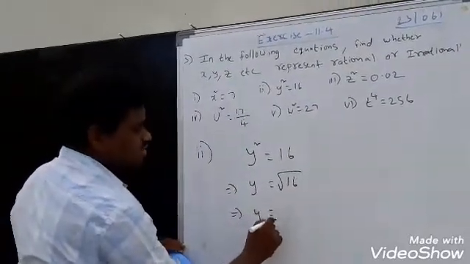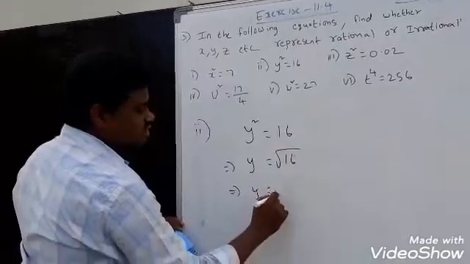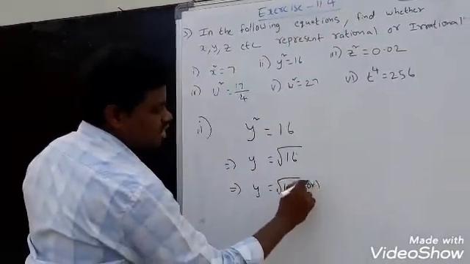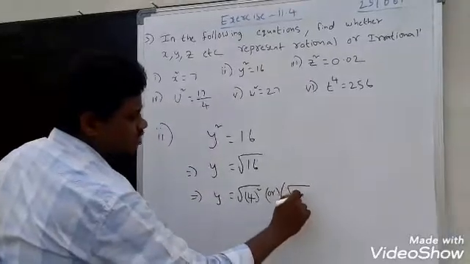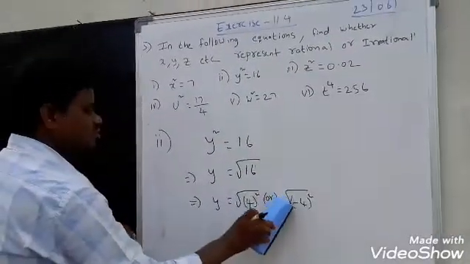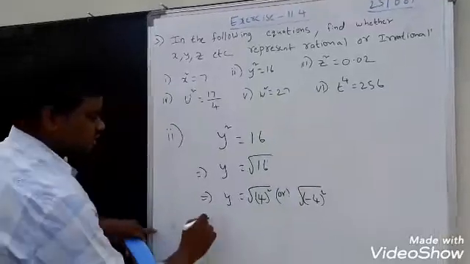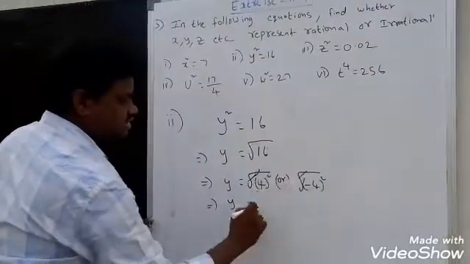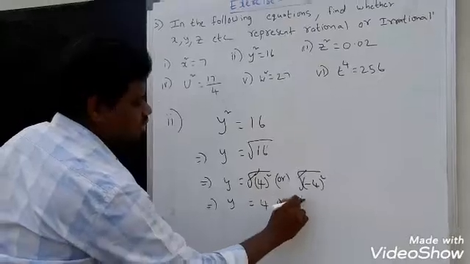Y equals root 16, which can be written as root of 4 whole square or root of minus 4 whole square. Anything you write, root and square cancel, and you get 4 or minus 4.